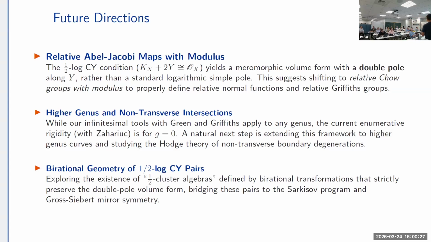But I think Hodge theory becomes complicated if you consider double poles or higher order poles. You have to use something called Chow groups with modulus or relative Chow groups with modulus, something that has been recently developed. I'm not sure if everyone is aware of this. And once I expect to learn this, I want to apply it to the finiteness of relative normal functions, relative groups, and so on.